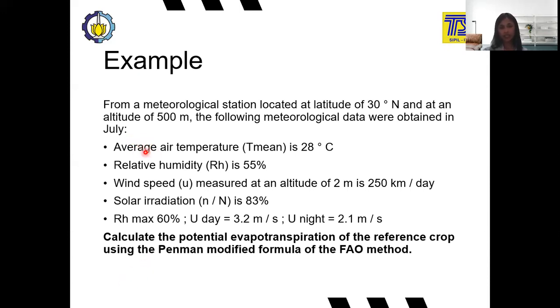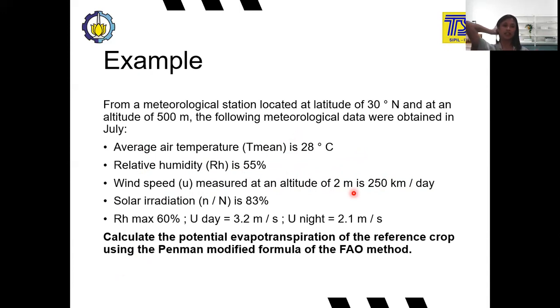And here we already got the average air temperature, so you don't have to average it by yourself. And then the relative humidity of 55%, wind speed of 250 km per day. It's already at an altitude of 2 meters, so you don't have to convert it.